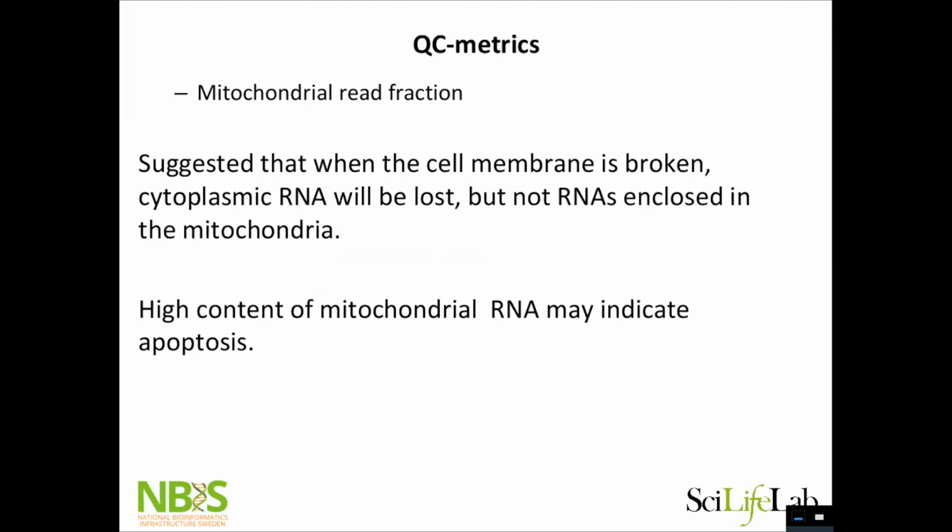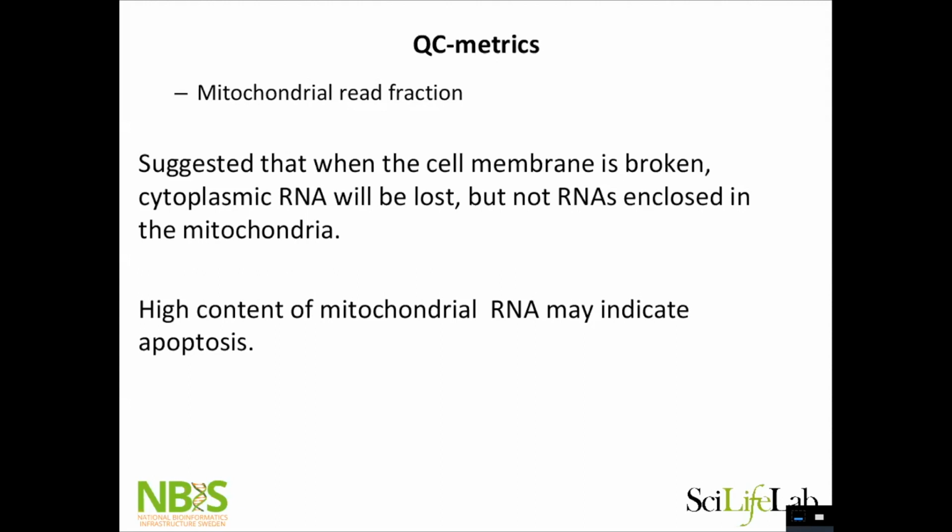Mitochondrial read fraction is also something that most people use for filtering. It's not really been shown, but there's been one experiment where they put the cells under stress and showed that they got an increased mitochondrial read fraction. The theory is that if the plasma membrane breaks, you might get leakage of the RNA from the cell, but the mitochondria are still there, so you get a higher proportion of mitochondrial reads.